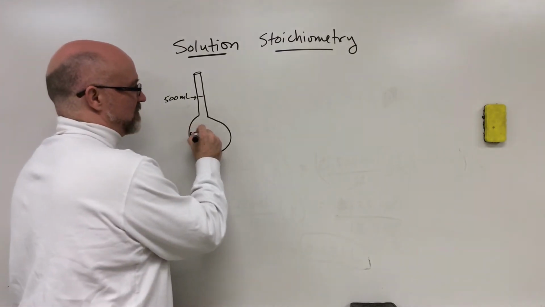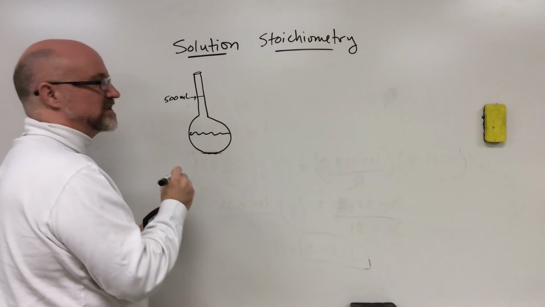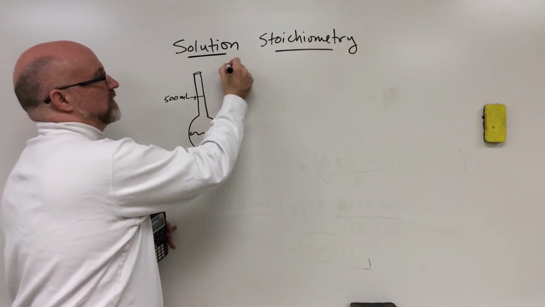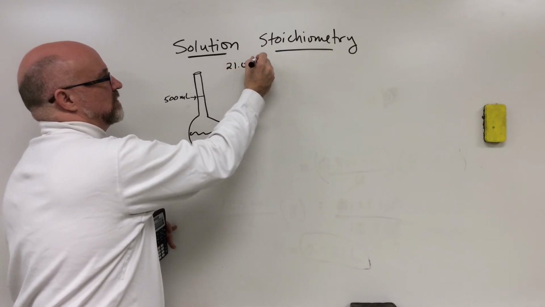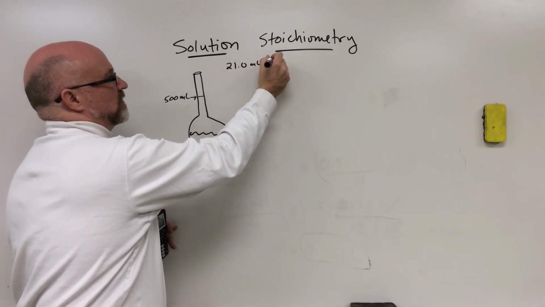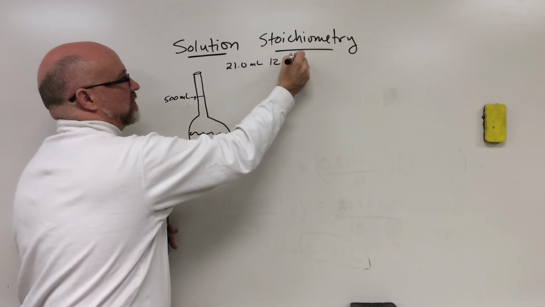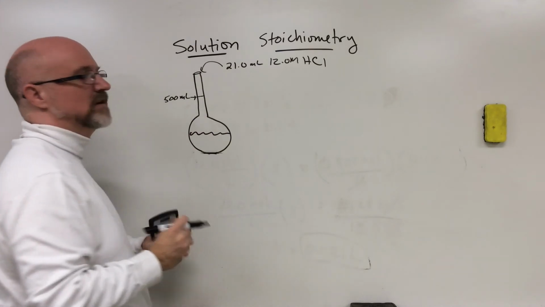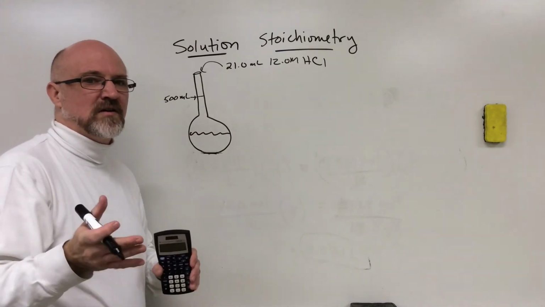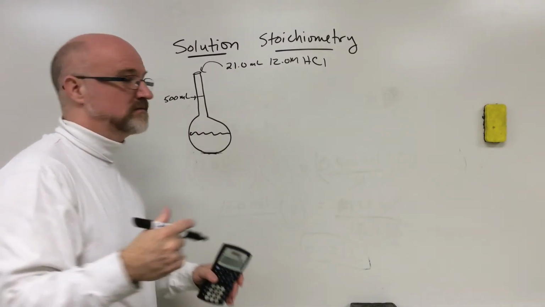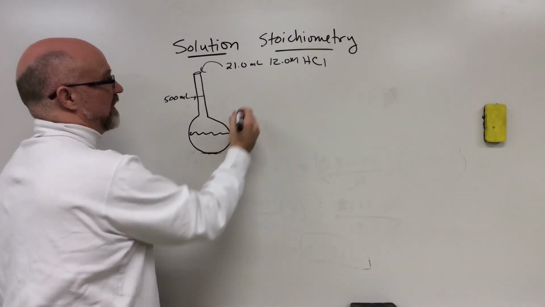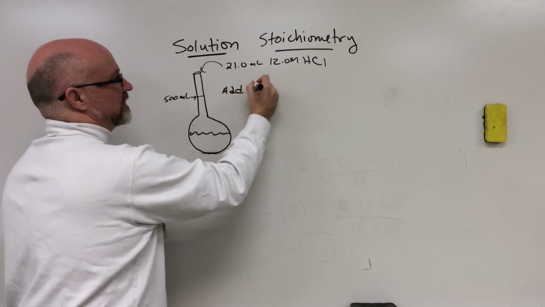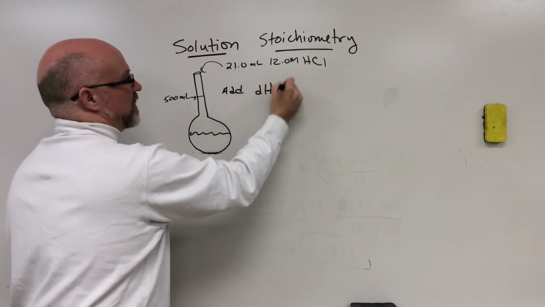I'm going to fill it partially with distilled water, then add my 21 milliliters of concentrated hydrochloric acid, and then add the distilled water.